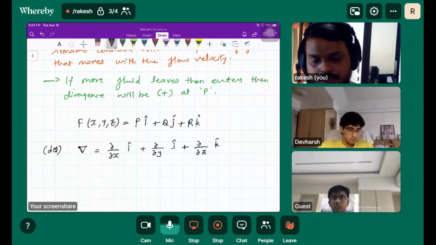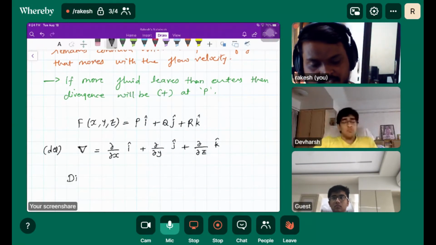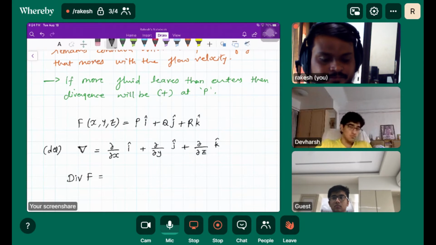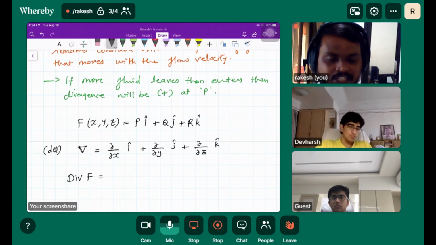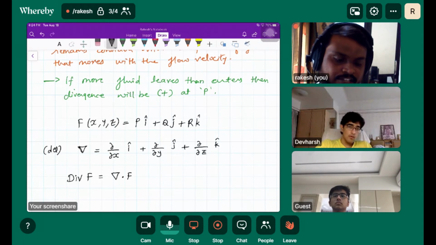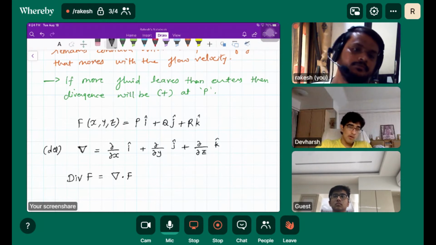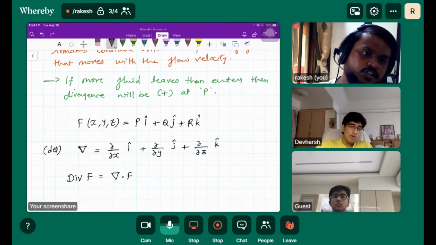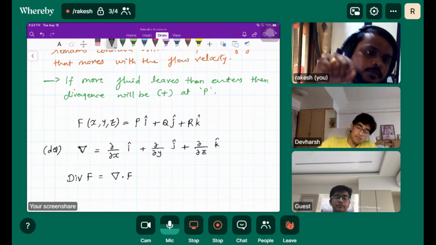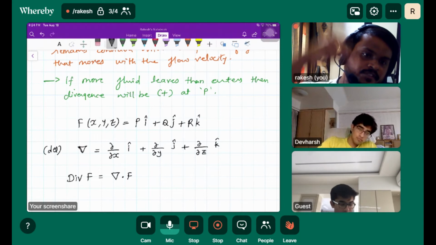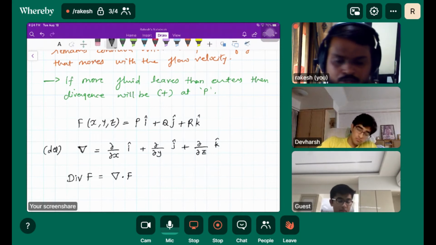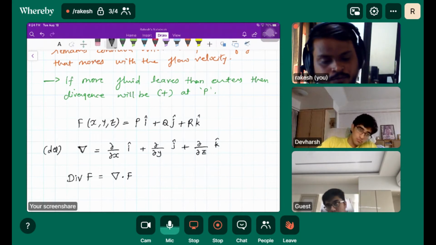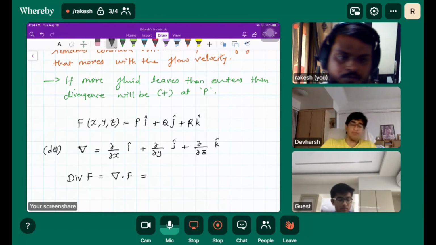The divergence of F is the dot product of the del operator with the vector field. So what would be the formula here?